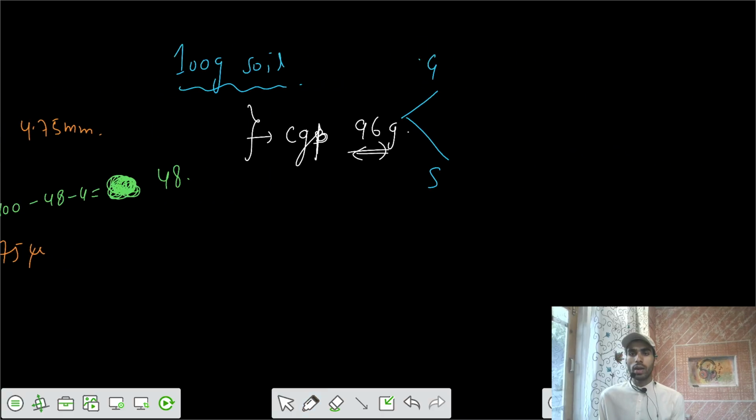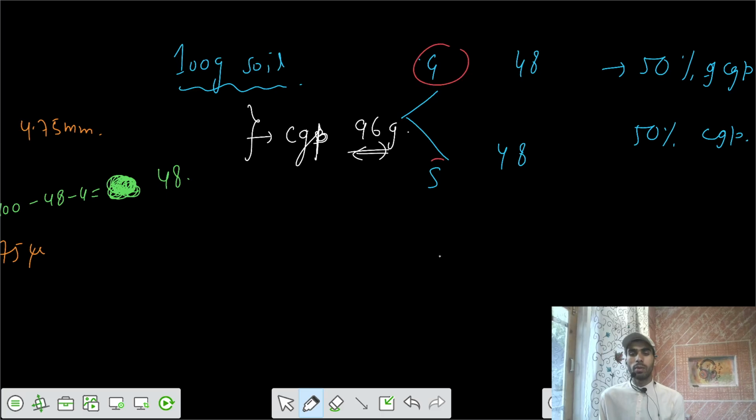You have 48 grams of gravel and 48 grams of sand. That means 50% of the coarse grain particles are gravel and 50% are sand.